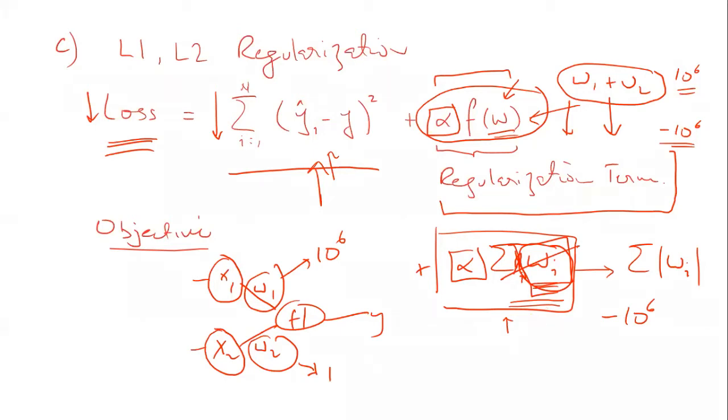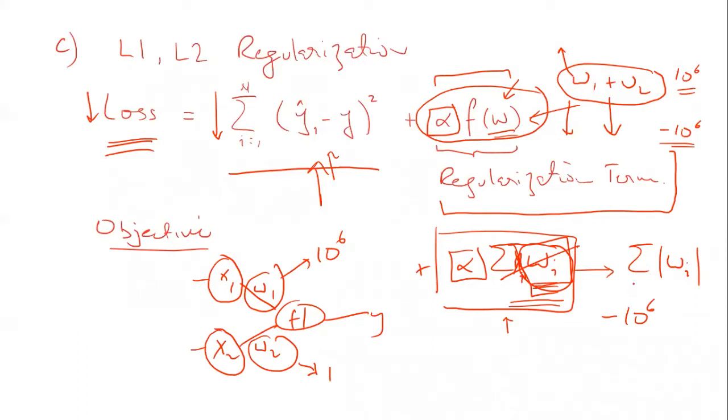Now, there are two types of losses. So if one of those values was becoming very large, we would say that we're trying to minimize both of these.